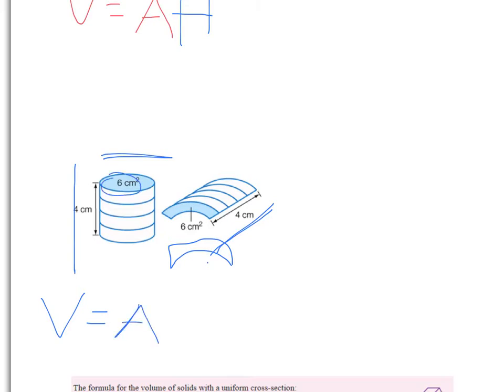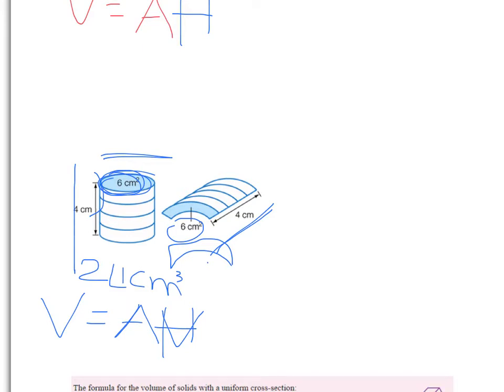Over here, that's 6, and your area over here is 6. For this one, it would be 4 times 6, which is 24 centimeters cubed. And that one's 4 times 6, also 24 centimeters cubed. If you're thinking, where's the third number? This is already an area, so you just have to multiply it by the height. So V equals AH.